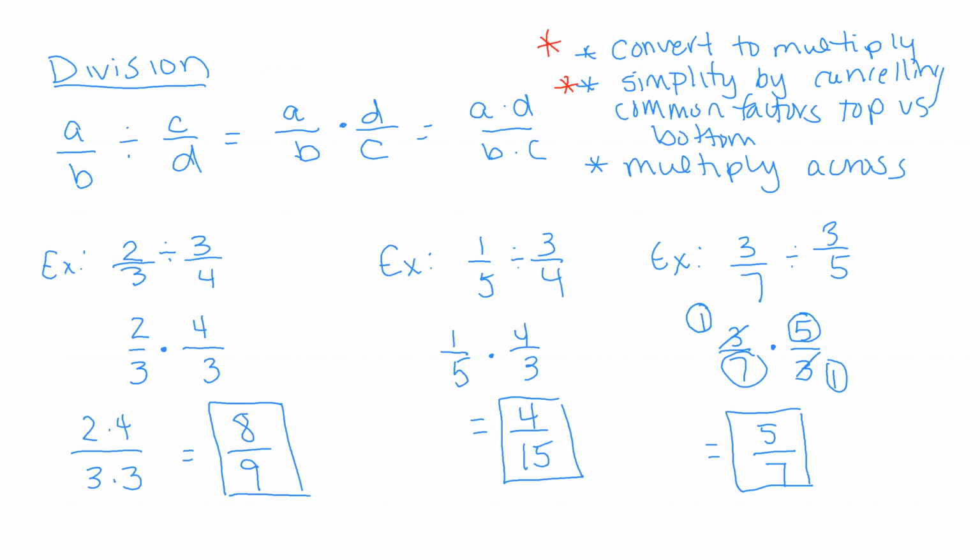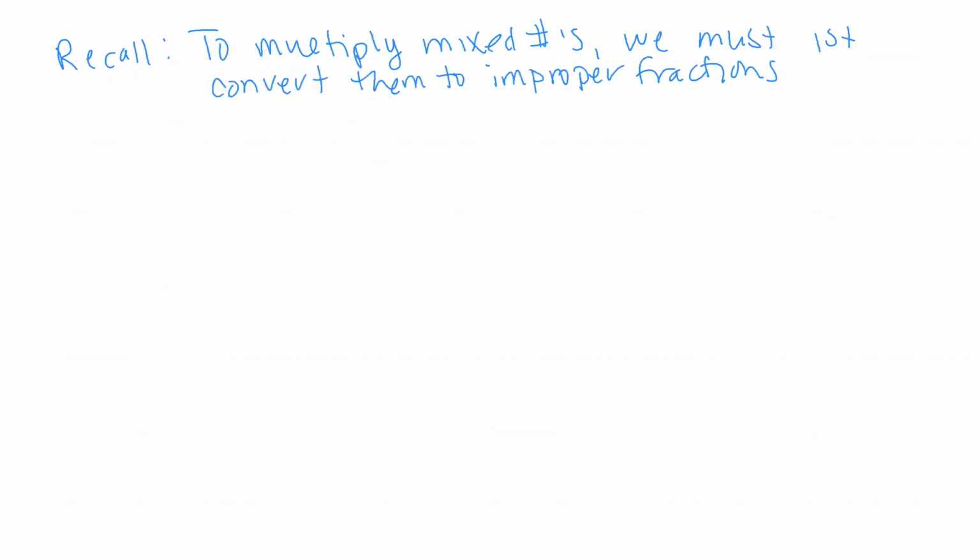All right. So what we want to do when we're dealing with mixed numbers, we're still going to have to convert it to multiplication, but first we're going to have to convert to improper fractions. Okay. So first thing you want to do is convert to improper fractions.